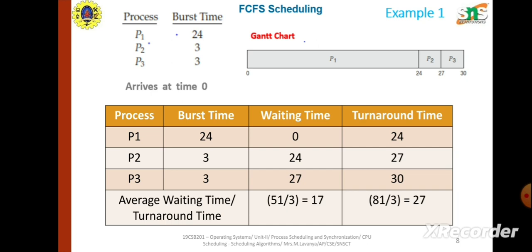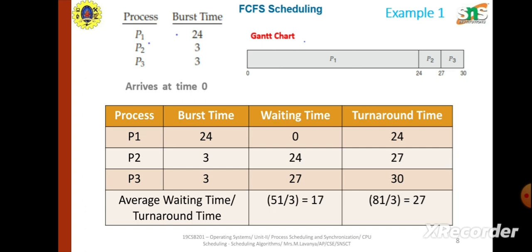Then using this waiting time, we are going to find the turnaround time of each process. Turnaround time is the waiting time plus burst time. Using that formula, we are going to find it. For process P1, the waiting time is 0 and its burst time is 24. So 0 plus 24 equals 24. It is the turnaround time for process P1.